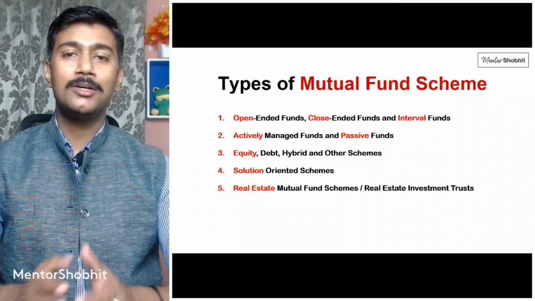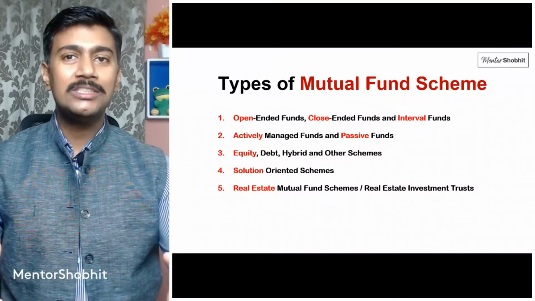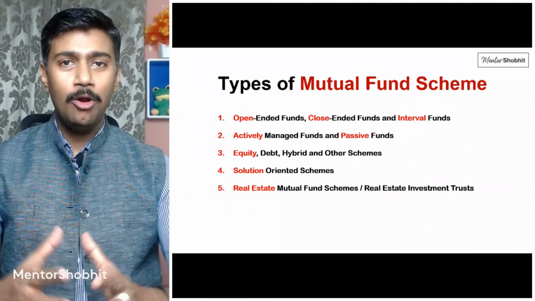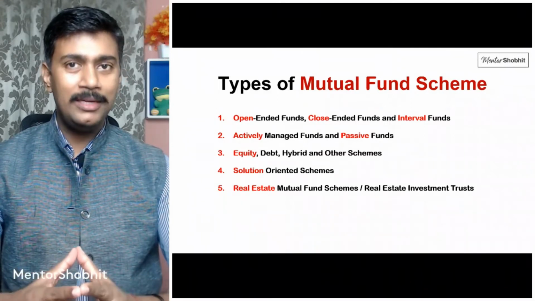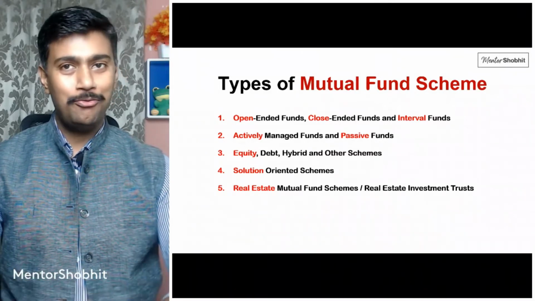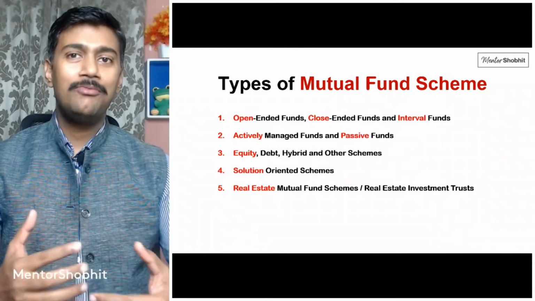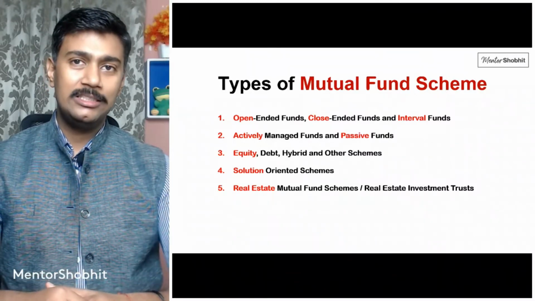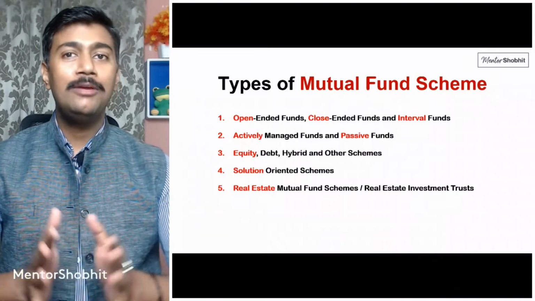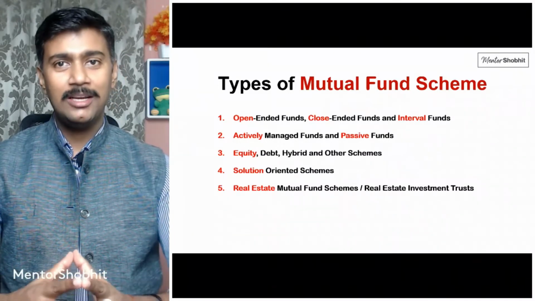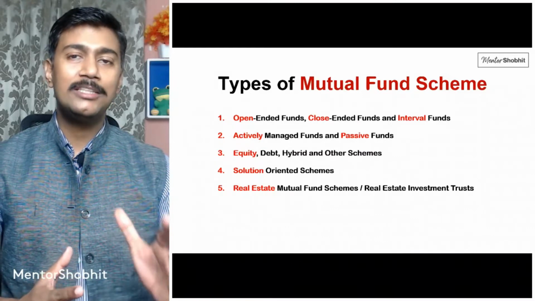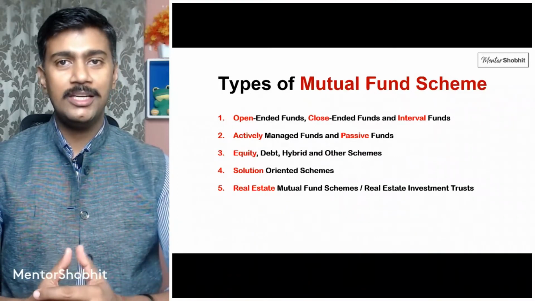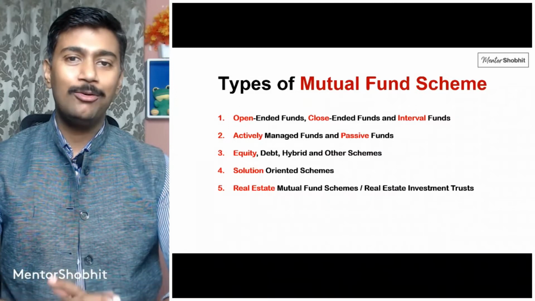Coming back to closed-ended funds: these are schemes which you can buy only when they have been launched by the mutual fund companies, which is called the new fund offer. Later on, whenever you want to buy this kind of scheme, you can buy only on stock exchanges, because all closed-ended funds now compulsorily have to be listed on stock exchanges to provide regular liquidity.